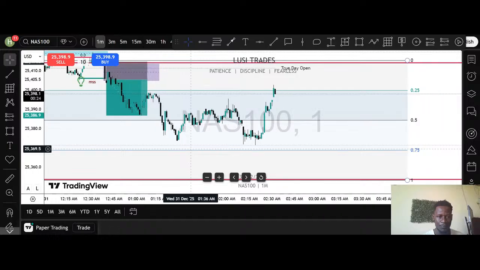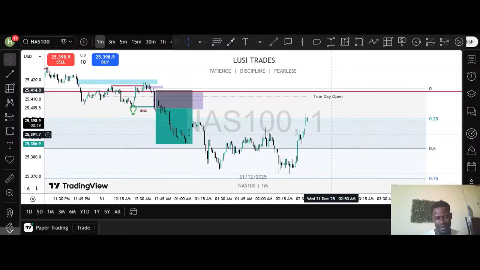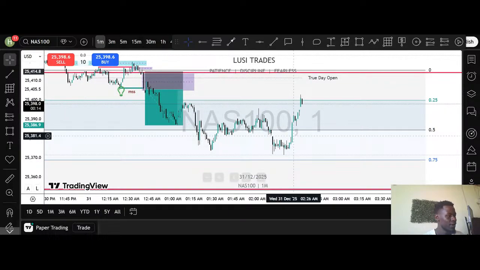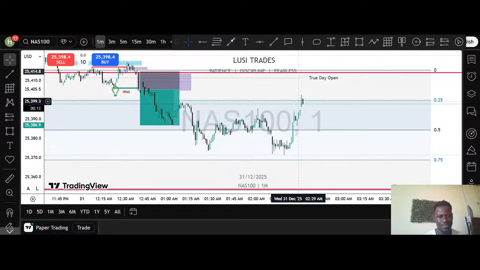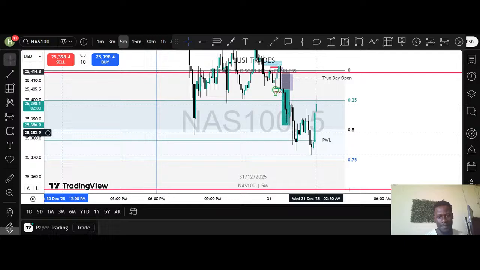So where does this price want to trade to? In as much as right now we are still inside this level, I want to see how it's going to react to this 25 quadrant level, in as much as it gave us a fair value gap here. So let me look at the 5 minutes.